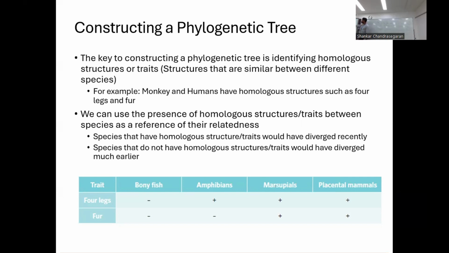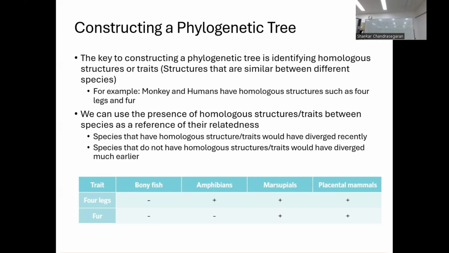So now what we need to do is look at the homologous structures that they share. So when we look at a bony fish, they have no homologous structures for forelegs and fur. Okay, that is information that is going to be important. For amphibians, they have one homologous structure, but the other one they don't. And for marsupials and placental mammals, they share the same homologous structures.